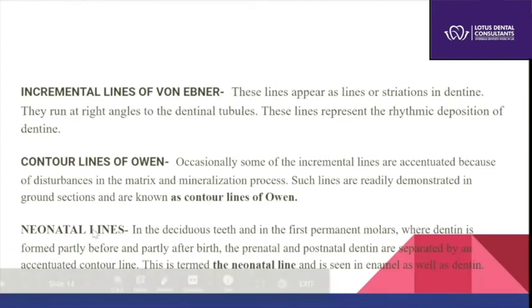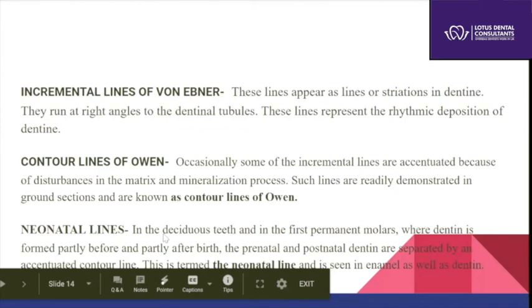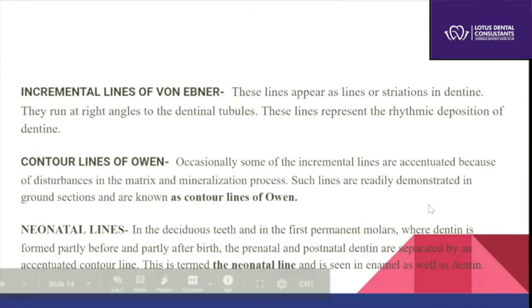Now the neonatal line. In deciduous teeth and first permanent molars, when the dentine is partly formed before and after birth, prenatal and postnatal dentine is separated by a contour line. This is termed the neonatal line and is seen in enamel as well as dentine. When a child is born, there is some disturbance in the formation of the enamel or dentine.